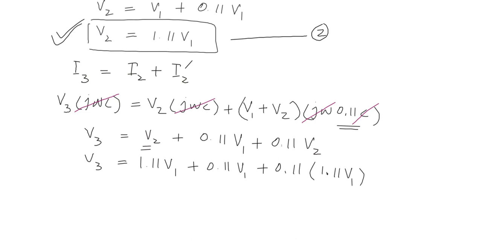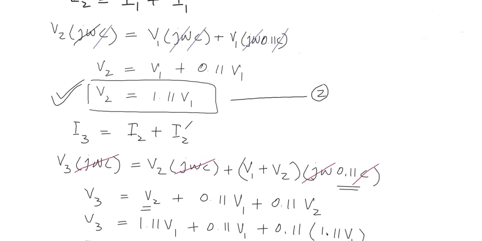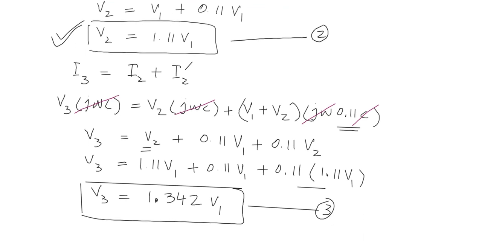Okay, now if we multiply these and then add all these terms, we will get V3 equal to 1.342 V1. This is my third equation. So now I got V2 is equal to 1.11 times V1 and V3 is equal to 1.342 times V1.